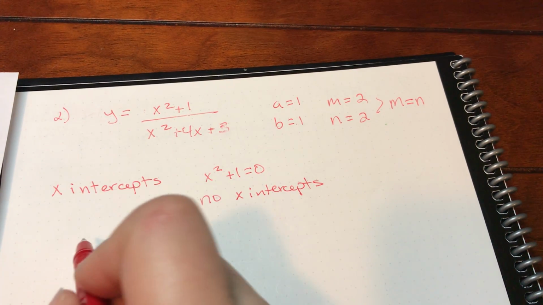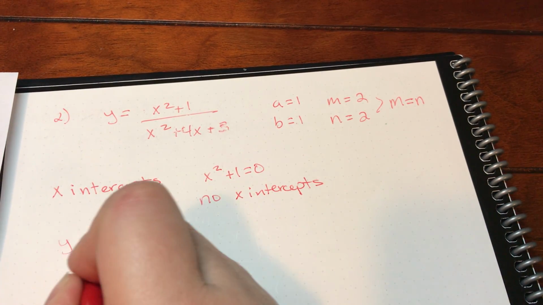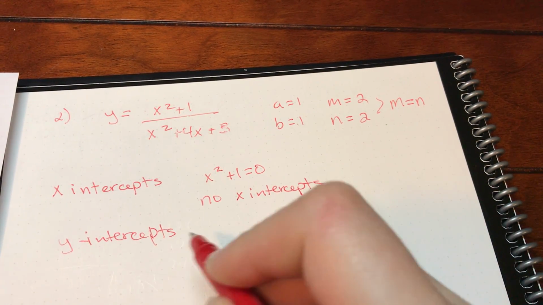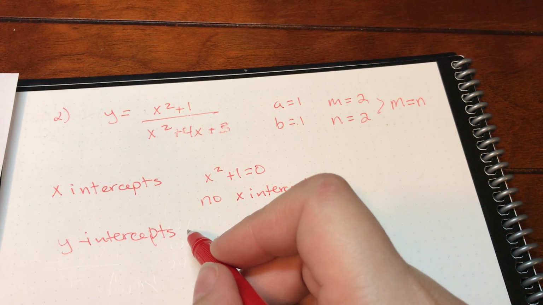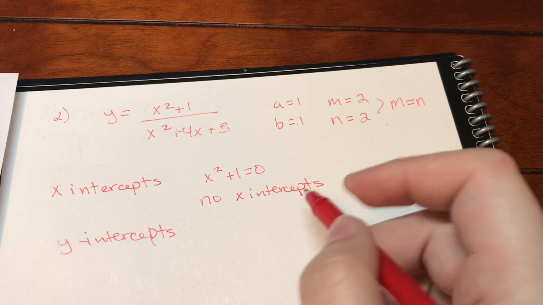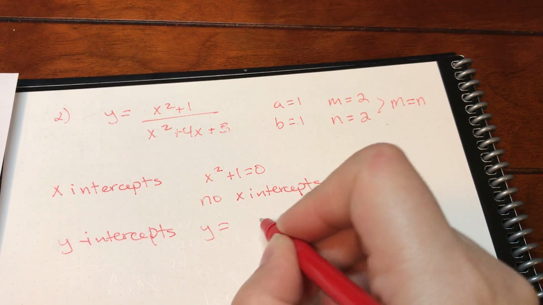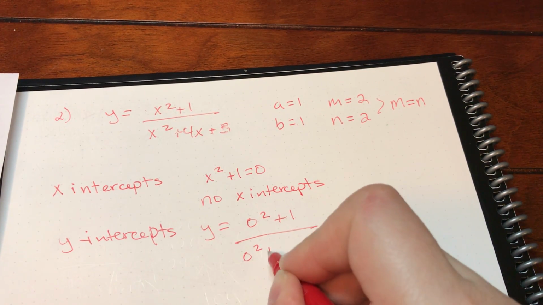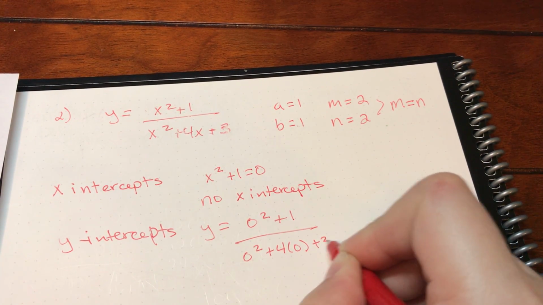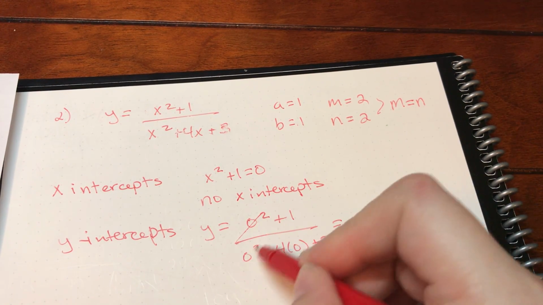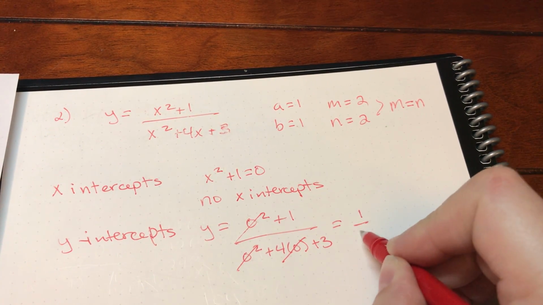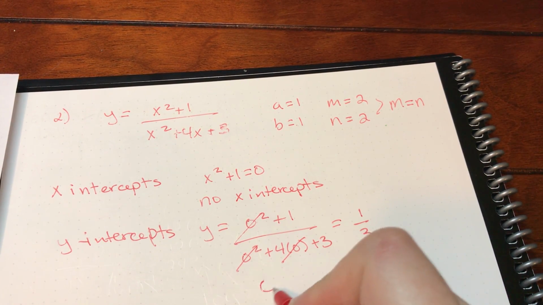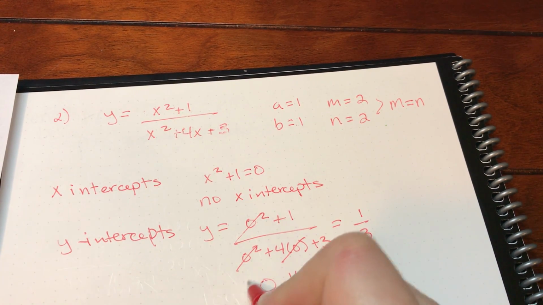Now the y-intercept. We substitute 0 in for x. So y equals 0 squared plus 1 divided by 0 squared plus 4 times 0 plus 3. These are just 0, so it equals 1/3.